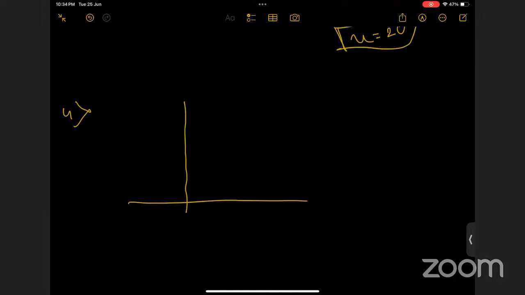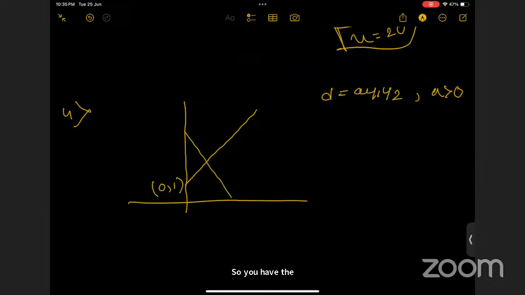So we have the graph. This is our y1, this is our y2.